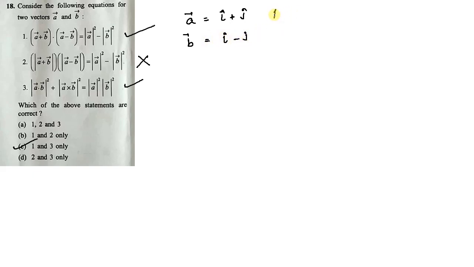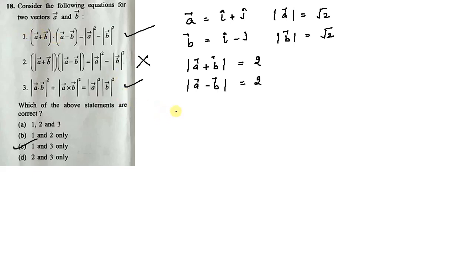The magnitude of A vector and of B vector is root 2, the magnitude of A vector plus B vector is 2, and the magnitude of A vector minus B vector is also 2. Now substitute all these values in all three statements. The first statement is (A plus B) dot (A minus B).